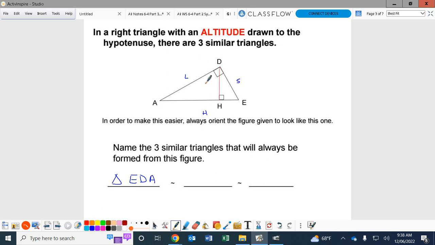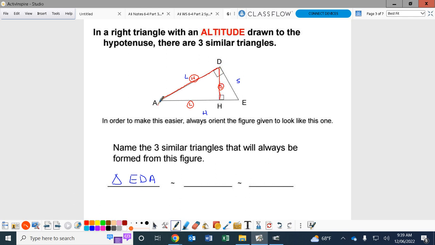I'm going to look at now the triangle that's on the left. On the triangle on the left, this side would now be the short side, this side would be the long side, and this side would now be the hypotenuse. If we're looking at this triangle that's in red over here on the left, let me trace it for you. You don't have to trace it, I'm just showing you which triangle we're talking about.